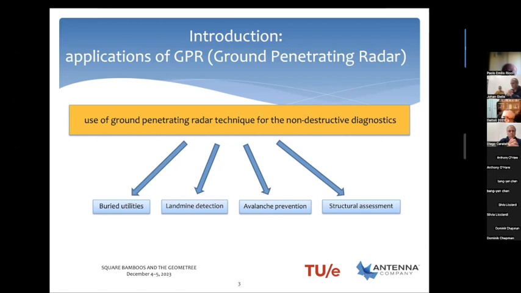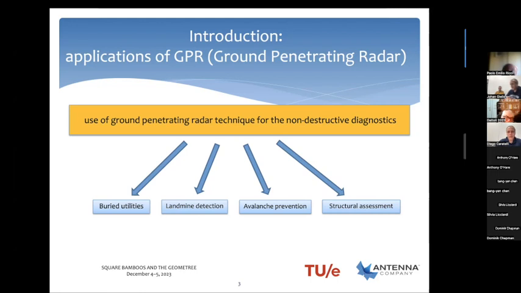For our purposes today, I want to focus on ground penetrating radar. Ground penetrating radar provides an effective means for non-destructive diagnostics in several contexts, such as survey of buried utilities. Think about different types of pipes in urban environments, as well as the detection of landmines.